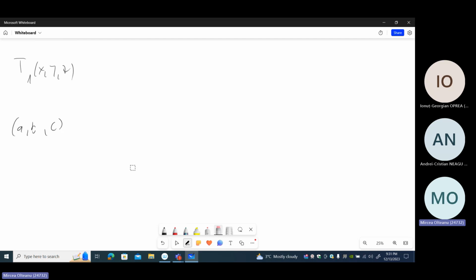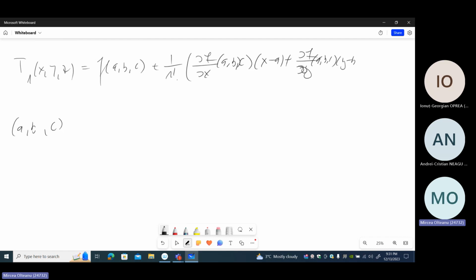How do they look like? It will be f of (a, b, c) plus 1 over 1 factorial, partial f over partial x at (a, b, c) times (x minus a) plus partial f over partial y at (a, b, c) times (y minus b) plus partial f over partial z at (a, b, c) times (z minus c).